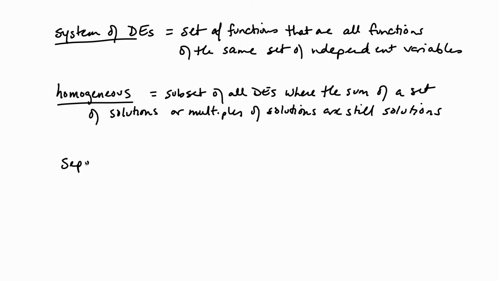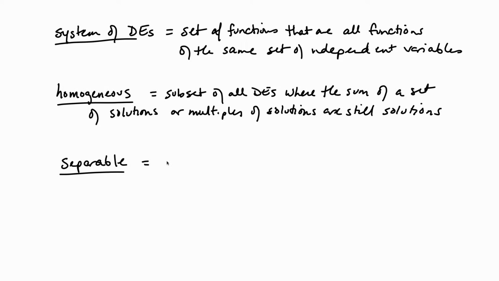And the last thing I want to mention is separable or separability. A differential equation is separable if you can easily manipulate it to get the dependent variable and the independent variable on separate sides of the equal sign. So separable differential equations tend to be really easy to solve. Most of them in the real world aren't separable.